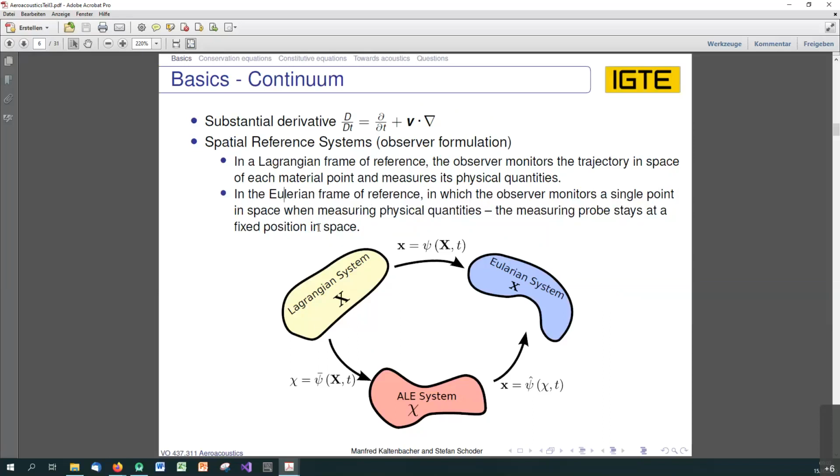So that's the Eulerian framework. And the Lagrangian framework is more or less you're sitting in a boat in a fluid and you're traveling with it.